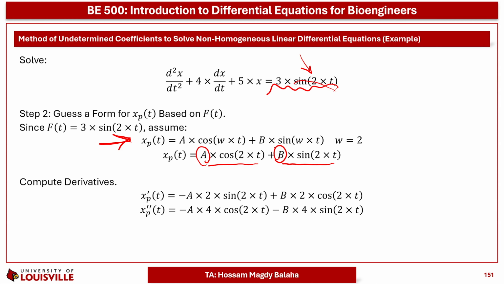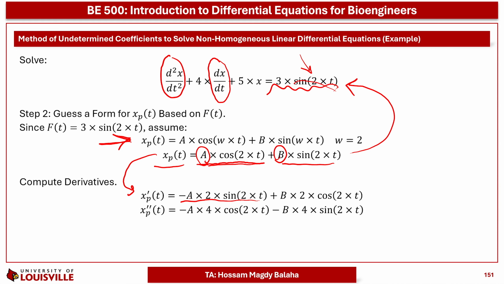How to do that? As noted, substitute in the differential equation. By substituting in the differential equation, you can retrieve the values for the constants or coefficients. We need the first derivative and the second derivative. So before substituting, find the derivative of the solution, the first and the second. The first derivative of xp of t will be negative a sine 2t multiplied by 2, because the derivative of cosine is negative sine.